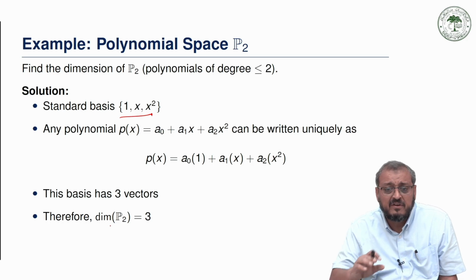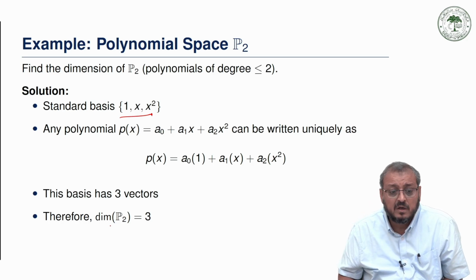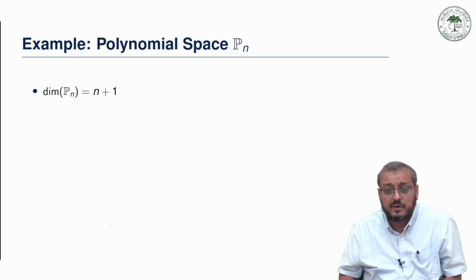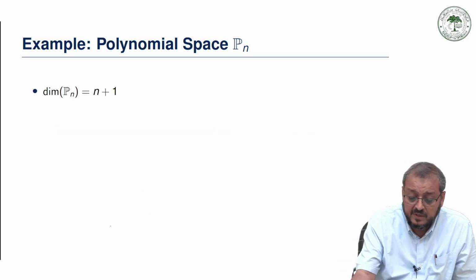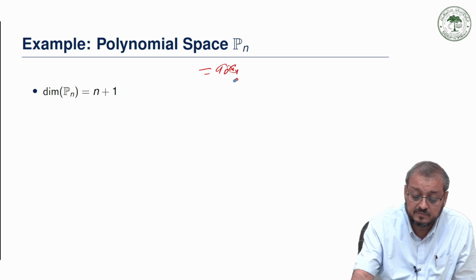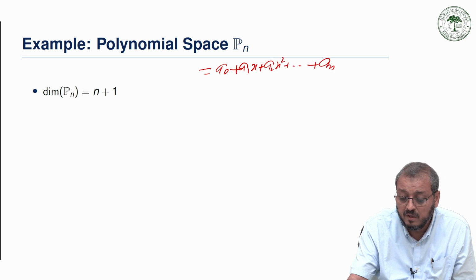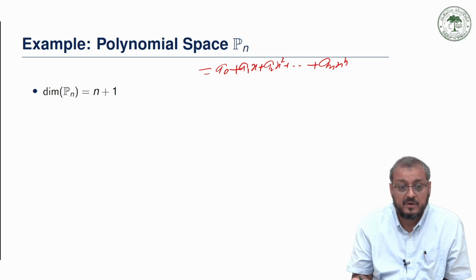In the same way we can generate this for polynomials of degree n. You know that Pn can be written in the form a naught plus a1x plus a2x square plus so on up to an x to the power n.